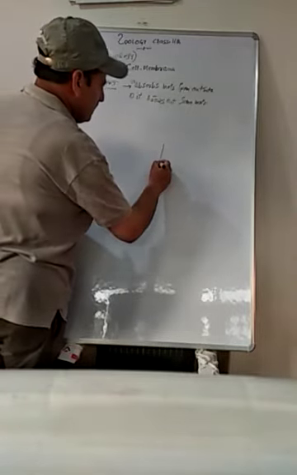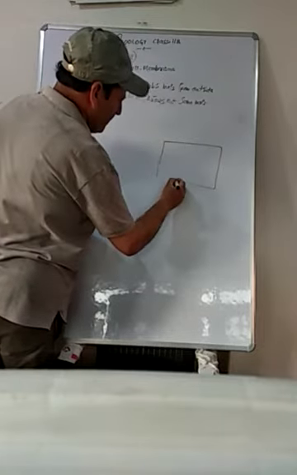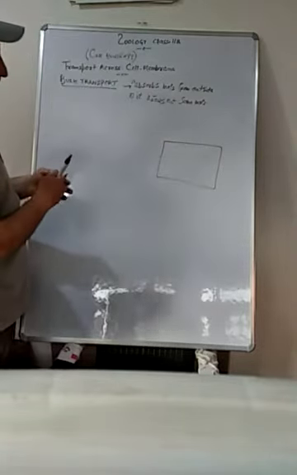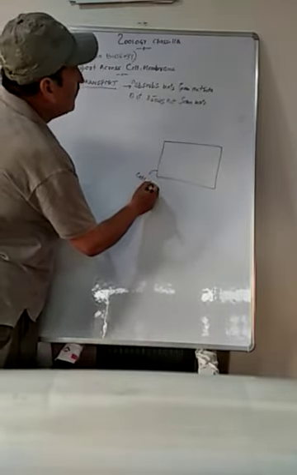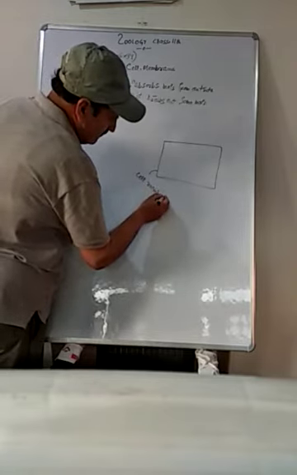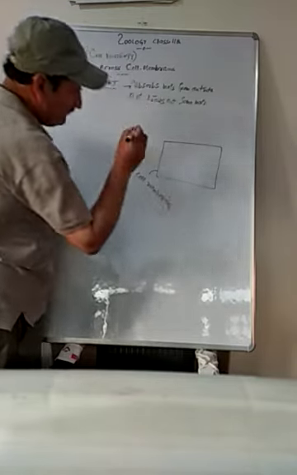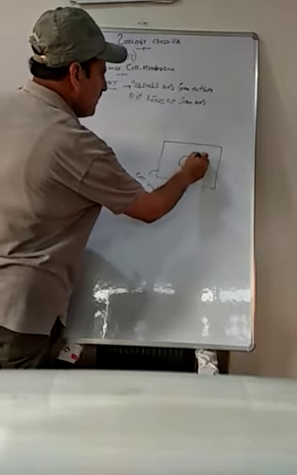Let this be the cell and this is the cell membrane. This is the cell membrane, this is the nucleus and cytoplasm.